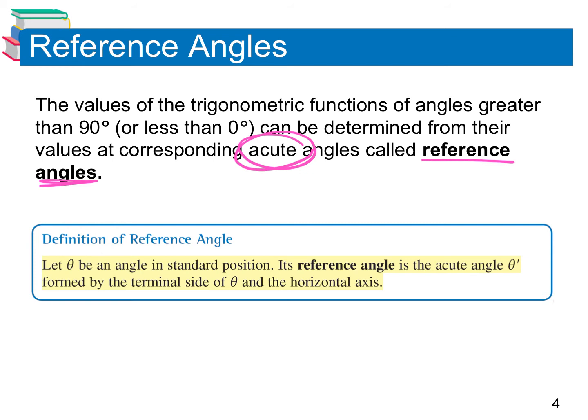Its reference angle is the acute angle, and we use theta prime when talking about reference angles, formed by the terminal side of theta and the horizontal axis. We find reference angles to help us find our trig functions, especially when we're not given a unit circle. So that's why we use reference angles.